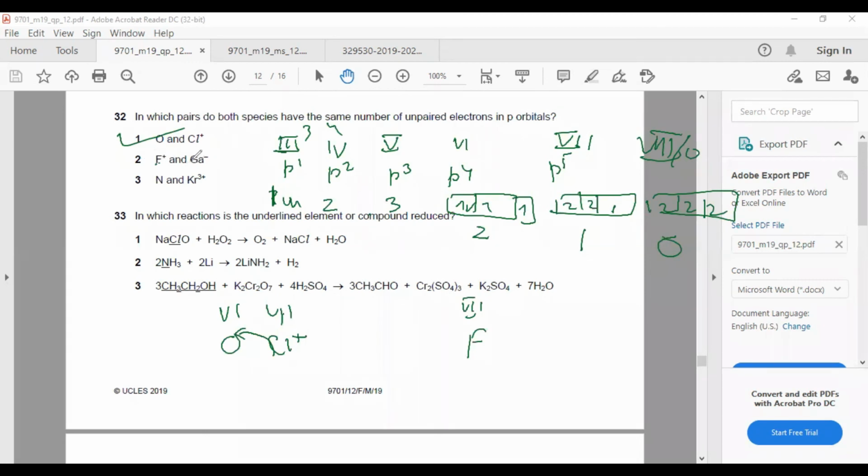Gallium is in group 3, minus means group 4, similar to group 4. Both have 2 unpaired. Nitrogen is in group 5, 3 unpaired. Chromium, noble gas, plus 3 means group 5. It also has 3 unpaired. Chromium 3 plus means it is in group 5 now. Why? Plus 1 means here, plus 2 means here, plus 3 means group 5. Group 5 has 3 unpaired electrons. Okay?